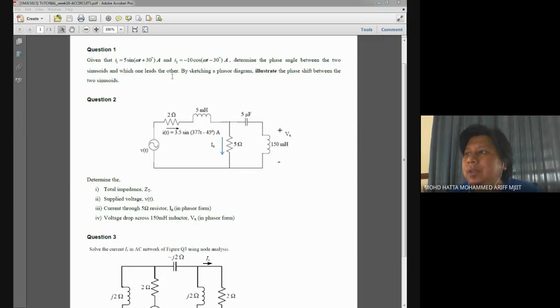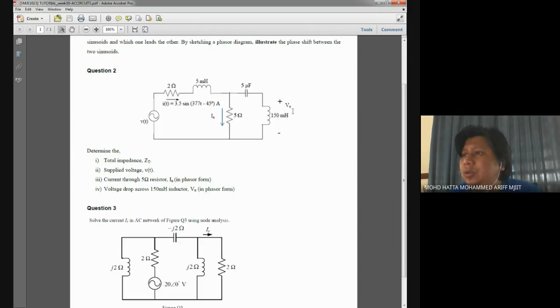And please remember that although you convert I2 into a cosine equation, here we have a negative sign, which should be eliminated. In other words, you need to do something to eliminate this negative sign. Both should be in a positive value, positive equation. That's for question number 1.